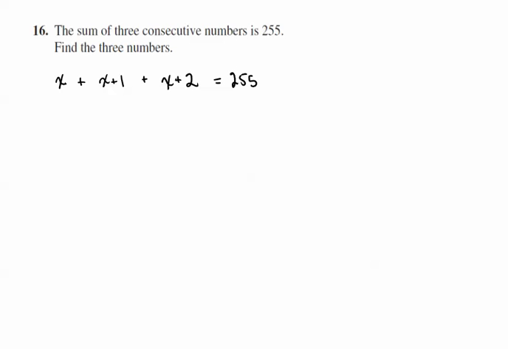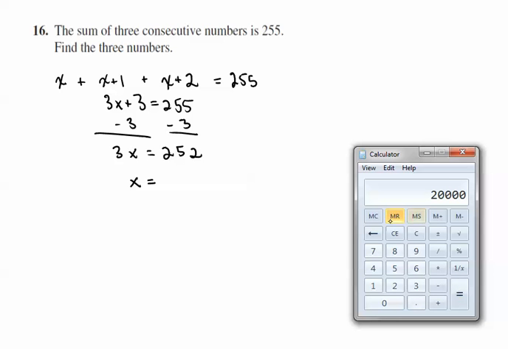And so once you get that set up, the rest of it flows pretty easily. We have 3x plus 3 equals 255. Subtract 3 from both sides, and 3x is equal to 252. And if you divide that out on your calculator, 252 divided by 3 is equal to 84.